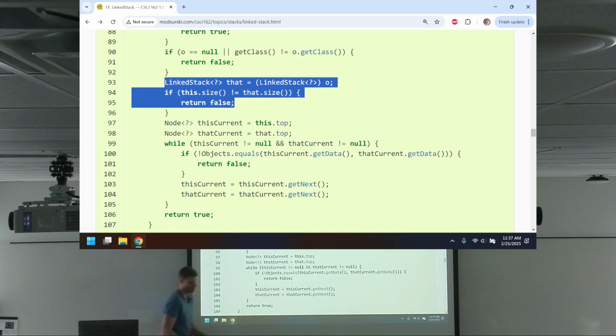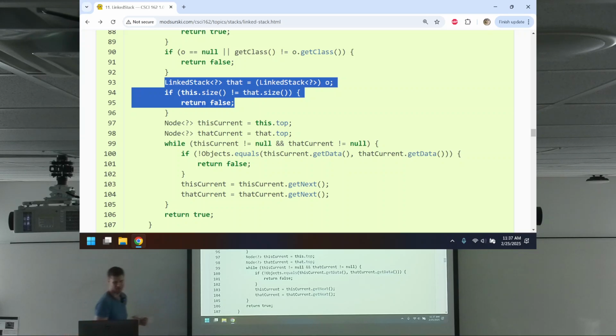Just think about it. It's all about what's null. If I exist, meaning you're asking me, hey, do I equal something, right? If I am my stack, I'm a reference variable to me, my stack. You can't ask me if I equal something if I don't exist. So I must exist, okay?